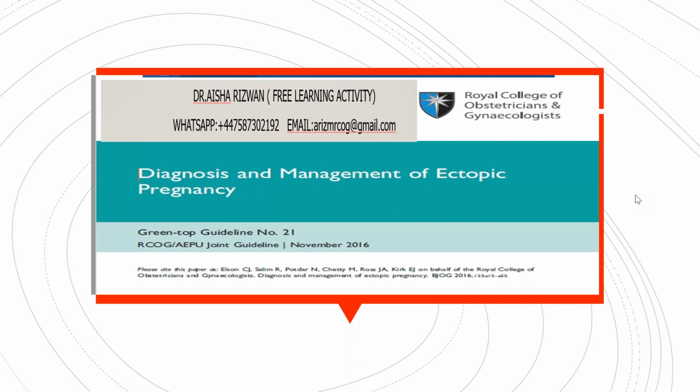That is very important. Okay, what are the risk factors for an ectopic pregnancy? Maternal age of more than 35, previous history of ectopic, previous tubal, abdominal, pelvic surgery, PID, smoking, endometriosis, infertility, and assisted reproductive techniques.